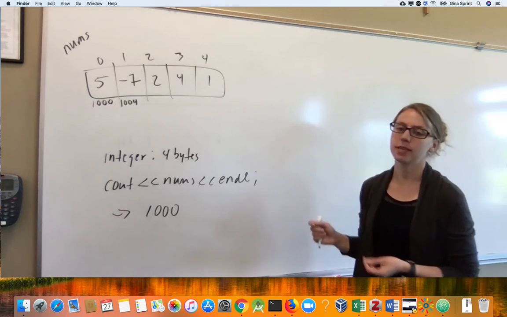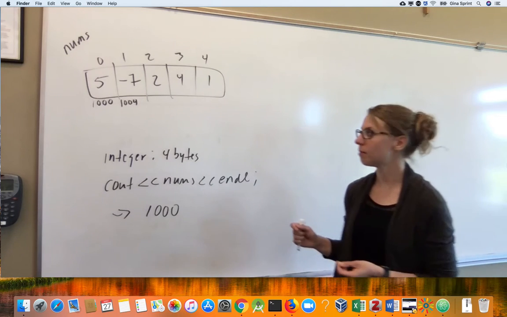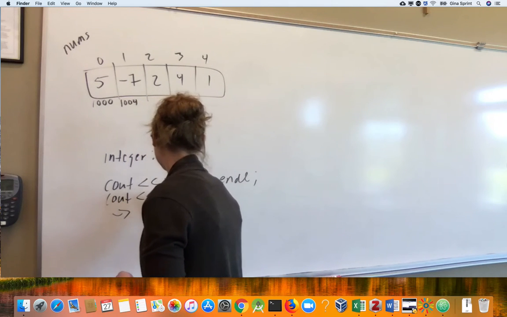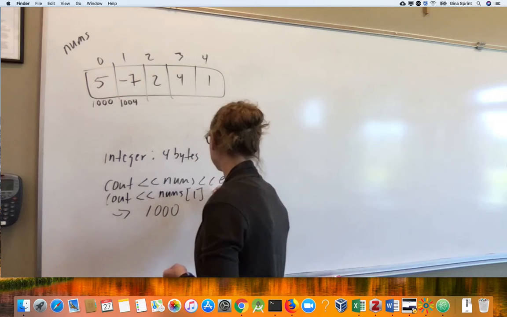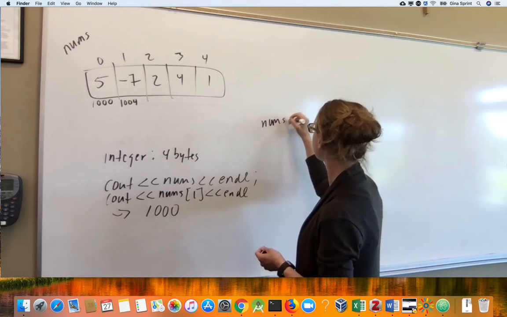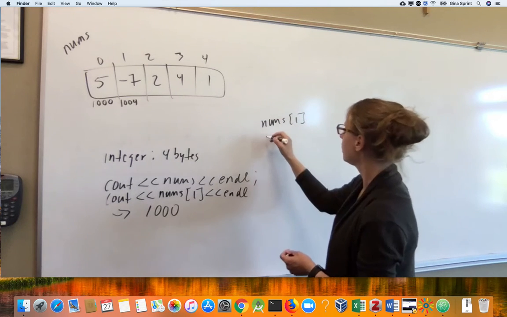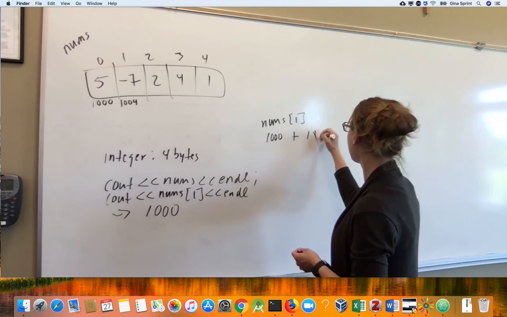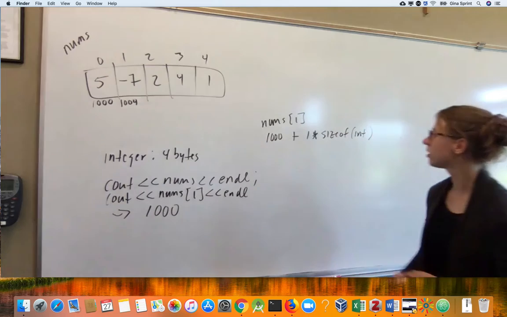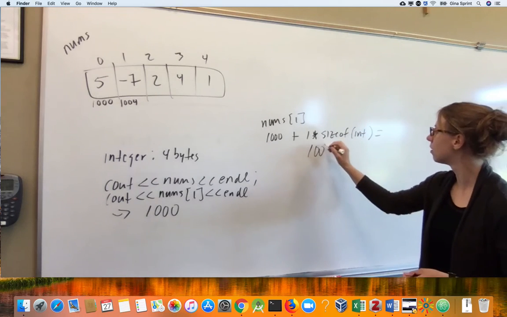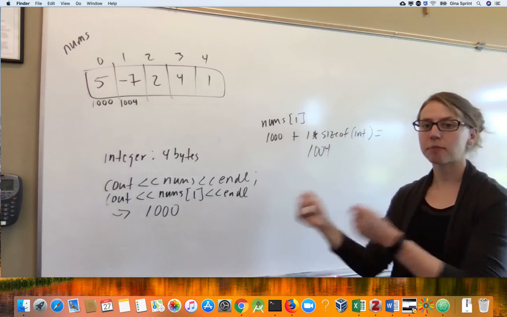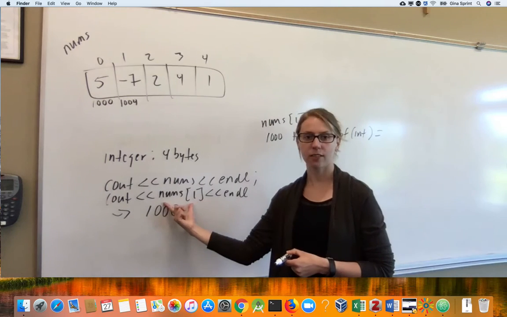This is why they have to be contiguously stored in memory, because the compiler, when you go to do something like cout nums sub 1, takes this nums sub 1 and says, okay, this is 1,000 plus 1 times the size of an integer, which is 1004. It goes to the address 1004 in memory and grabs the value there, and that's what's printed out when you say nums sub 1.